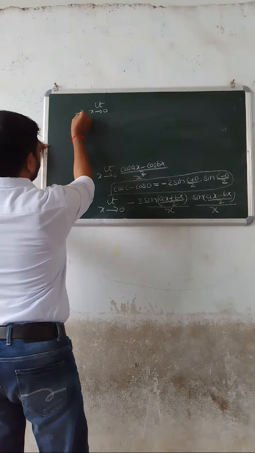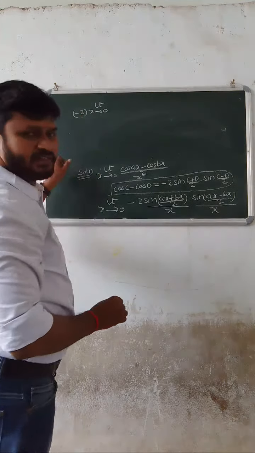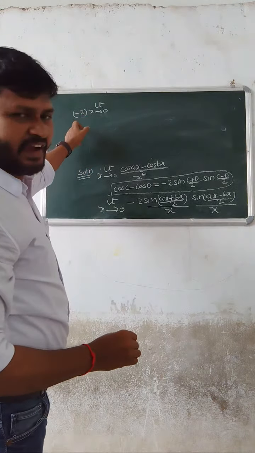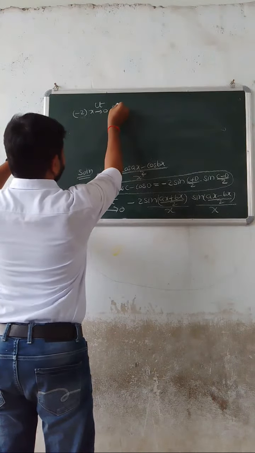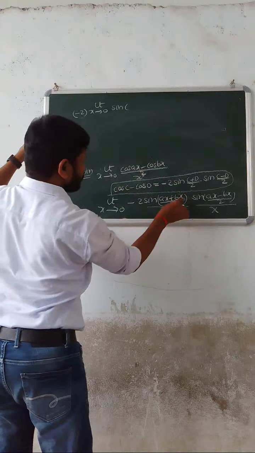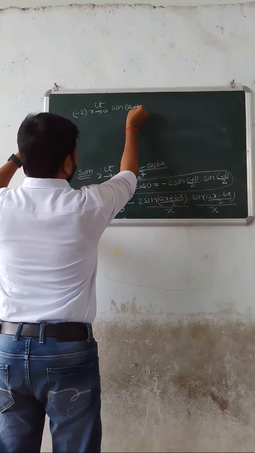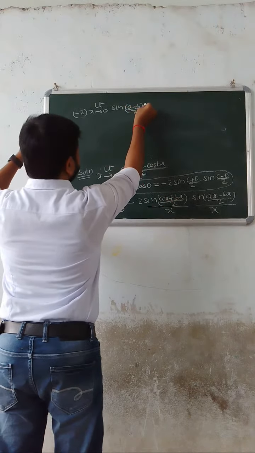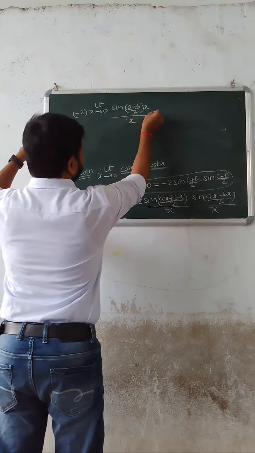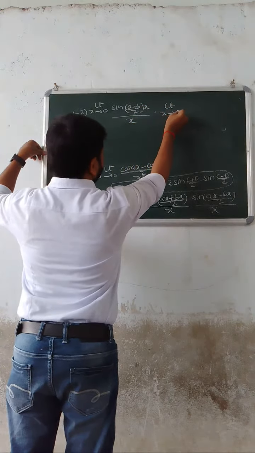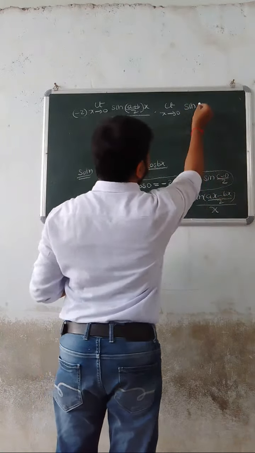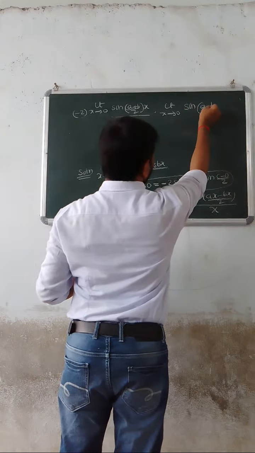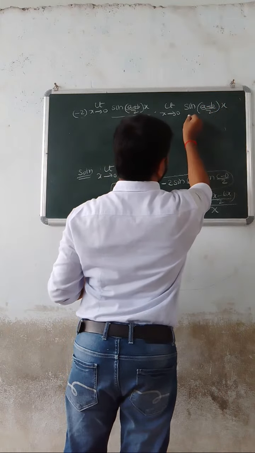So minus 2 becomes a constant, and we keep limit x tends to 0 of sin((a+b)x/2) by x, and again limit x tends to 0 of sin((a-b)x/2) by x.